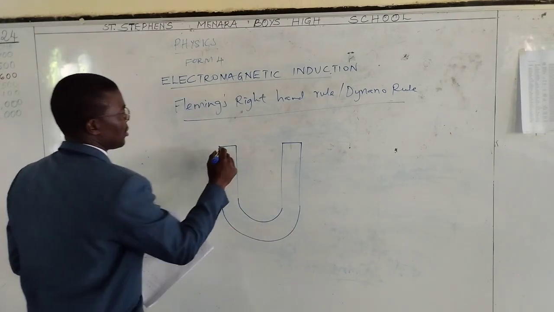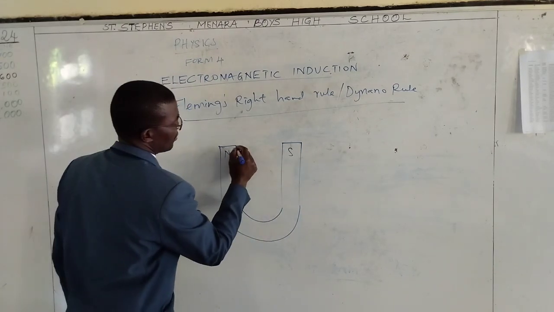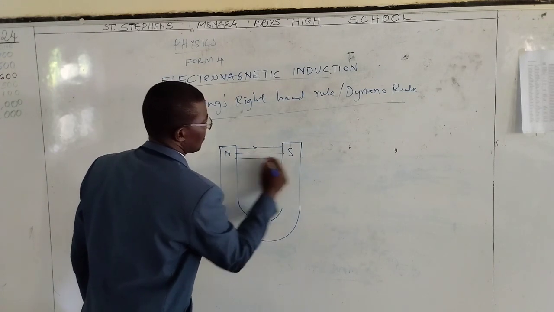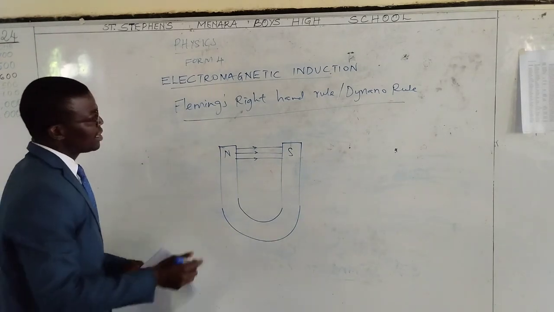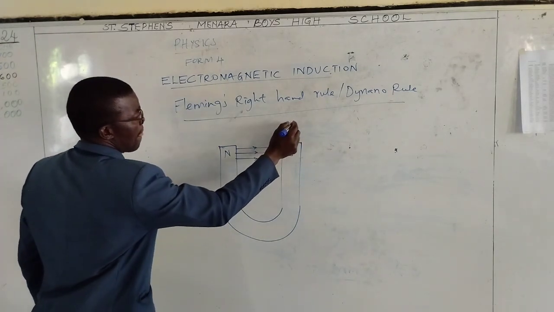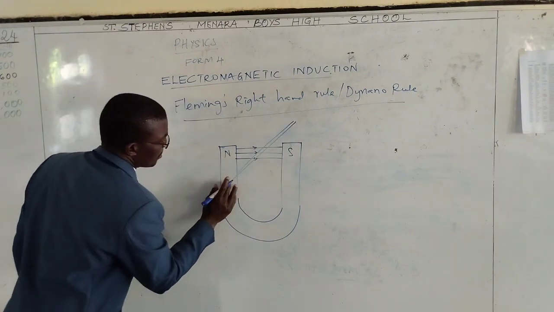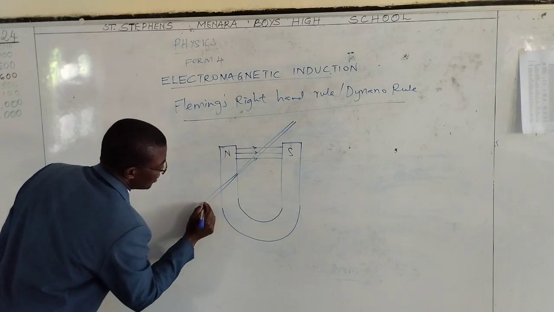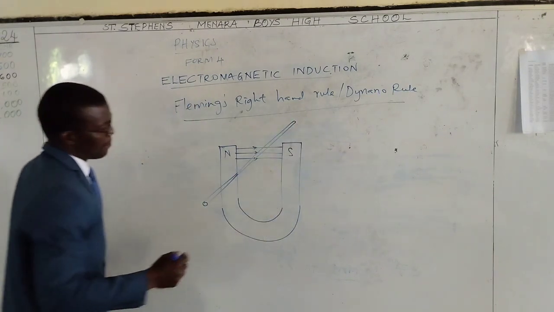This one is the north pole, this is the south pole. The field moves from north pole to south pole. That is the magnetic field. And there is a conductor that is cutting this field. This one is a conductor. It is cutting the magnetic field.